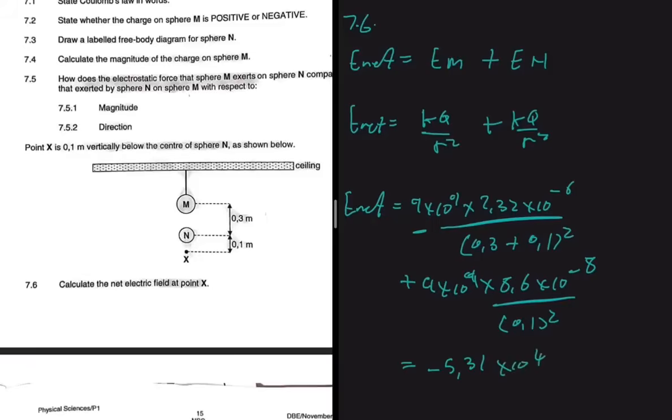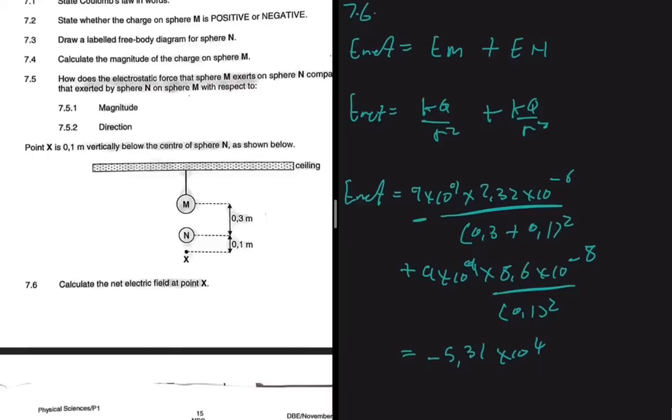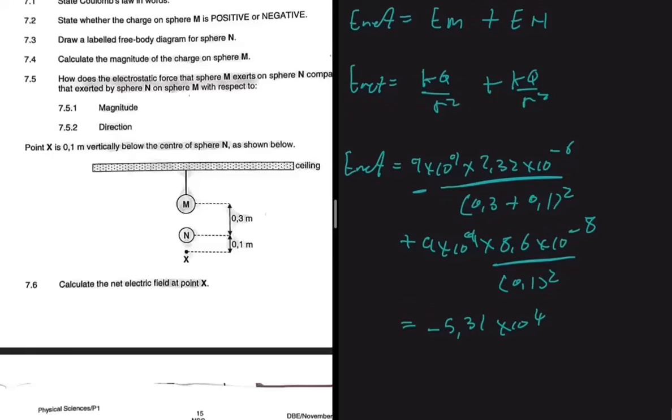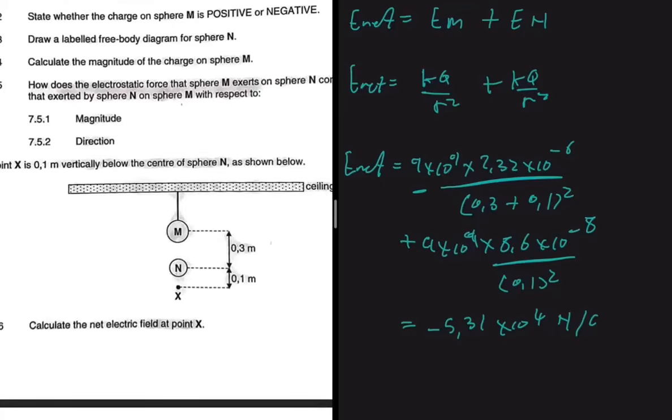Assuming that I'm not making any mistakes with putting that in the calculator. But it says, let's calculate the net electric field, not only the magnitude, so now we have to worry a bit about the direction. We know that the SI unit is newtons per coulomb. So let's look at our sketch and worry about the direction. We know that M is negative and N is positive.